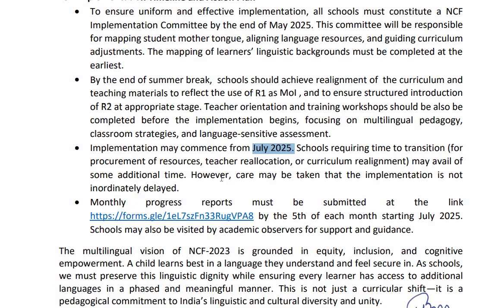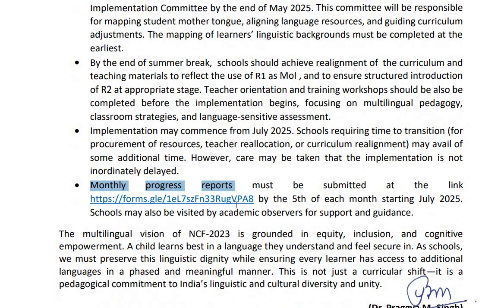However, care may be taken that the implementation is not inordinately delayed. Monthly progress reports must be submitted at the given link by the 5th of each month starting July 2025. Schools may also be visited by the academic observers for support and guidance.